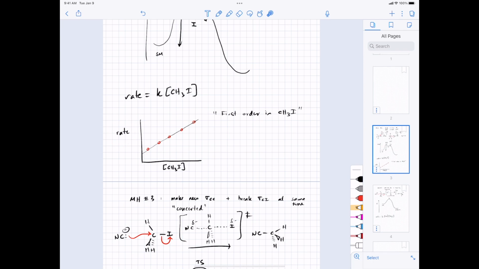We're plotting rate of the reaction versus concentration. However, if you wanted to plot the concentration of a starting material versus time in this reaction, that would be exponential decay. There's a really quick calculus, differential equation you can use to show that. We won't worry about that, but you probably have seen something like that in class, where the concentration of something as a function of time is equal to some pre-exponential factor times the number e to the minus kt. You won't be doing that kind of math here.